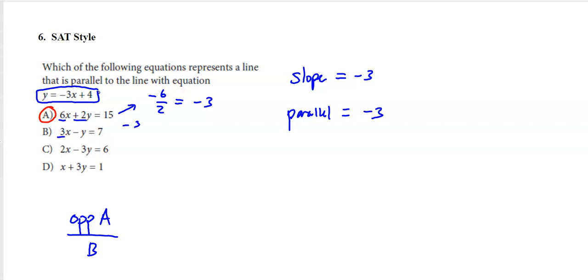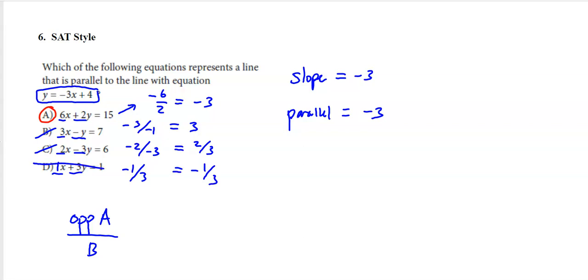Opposite of A over B, well, that would be a positive 3, so you're out. Opposite of A over B, that's a slope of 2/3, not you. And then lastly, opposite of A over B, negative 1/3, it's not you. So the correct answer here is A.